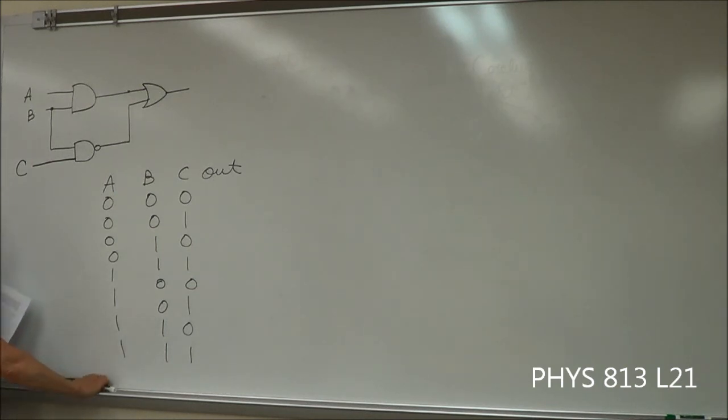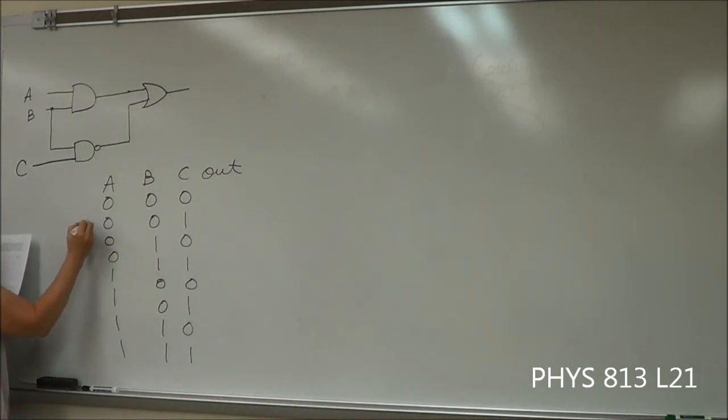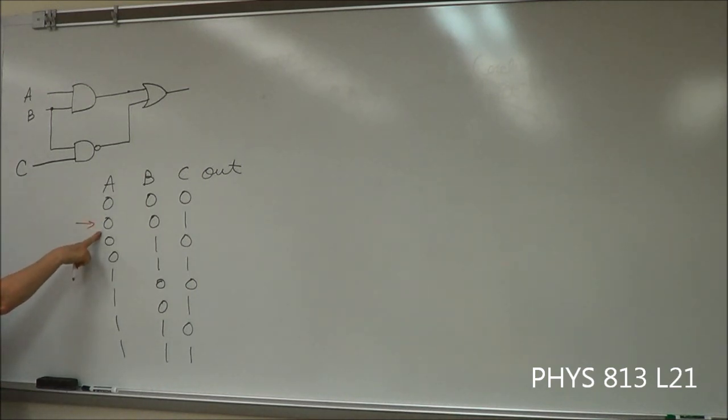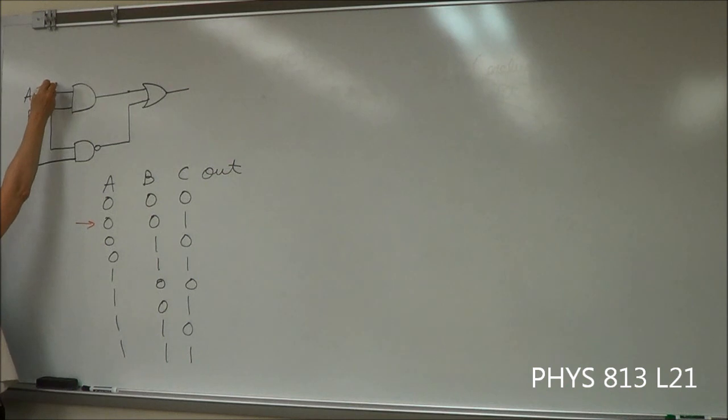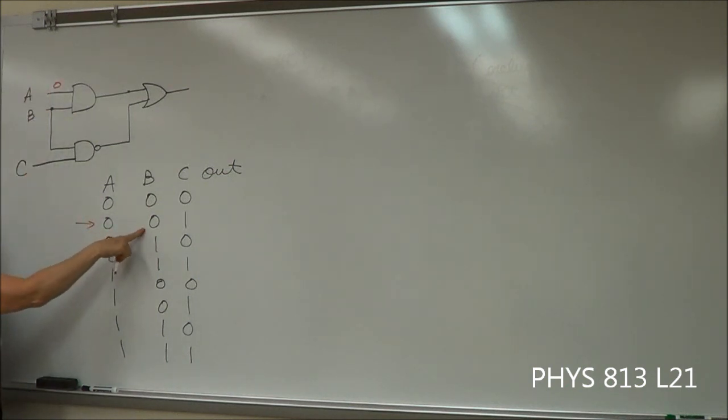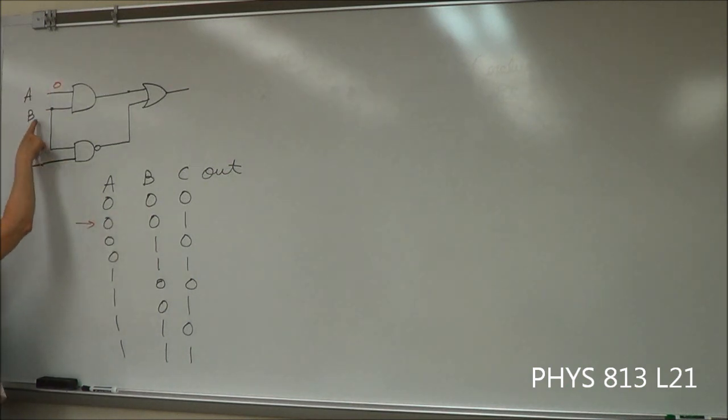Okay, so let's look at maybe a couple of these. Let's do this second one. Okay, so we're going to start out with A is 0, so A is 0. B is 0, so we have a 0 here, and that comes down to here.